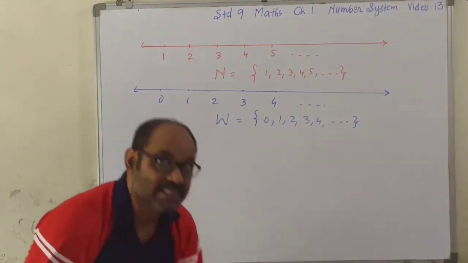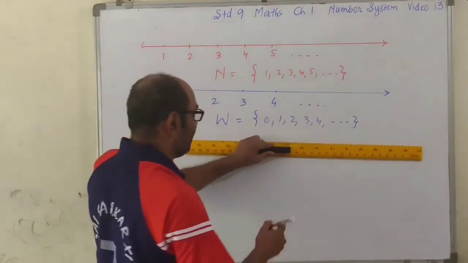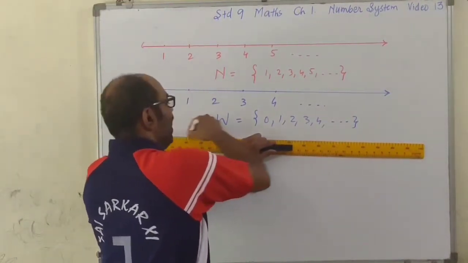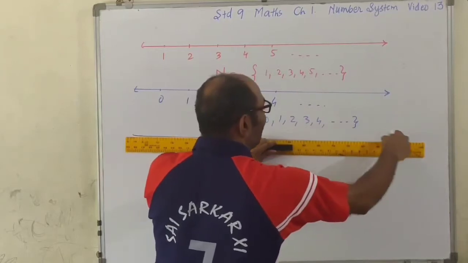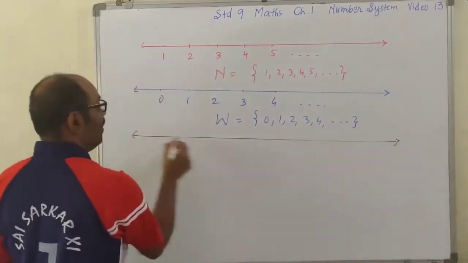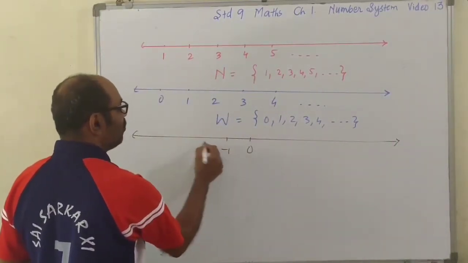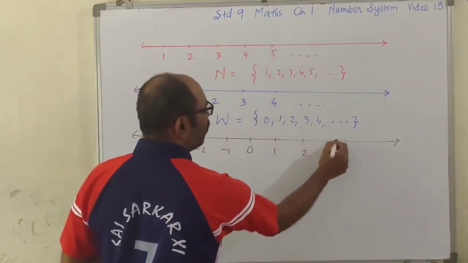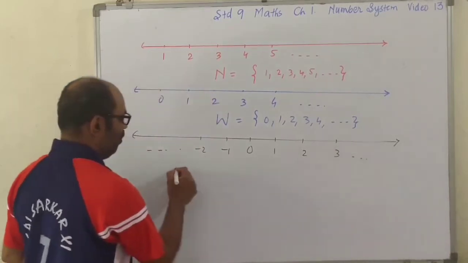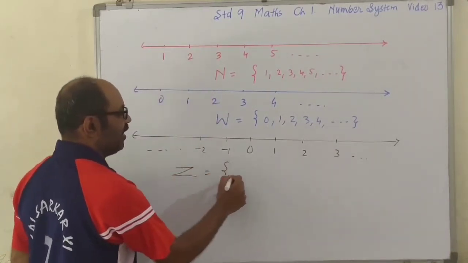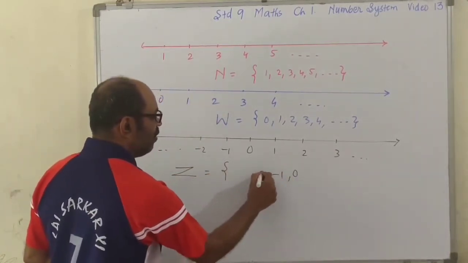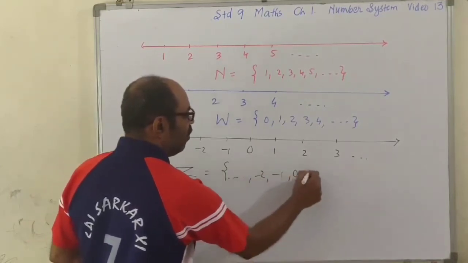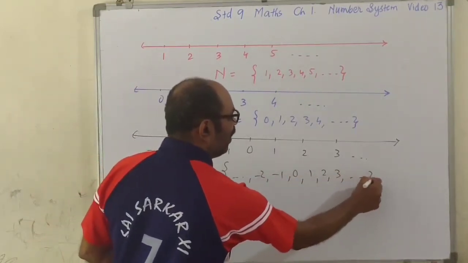Then let's see integers. Zahlan, do you remember? Integers: 0, minus 1, minus 2, dot dot dot, and 1, 2, 3, dot dot dot. Boliye Z. Set: 0, minus 1, minus 2, till infinite; 1, 2, 3, till infinite.